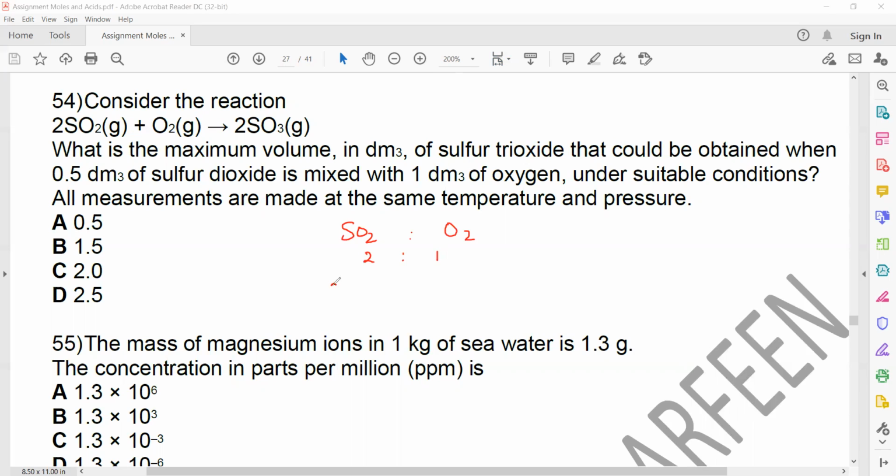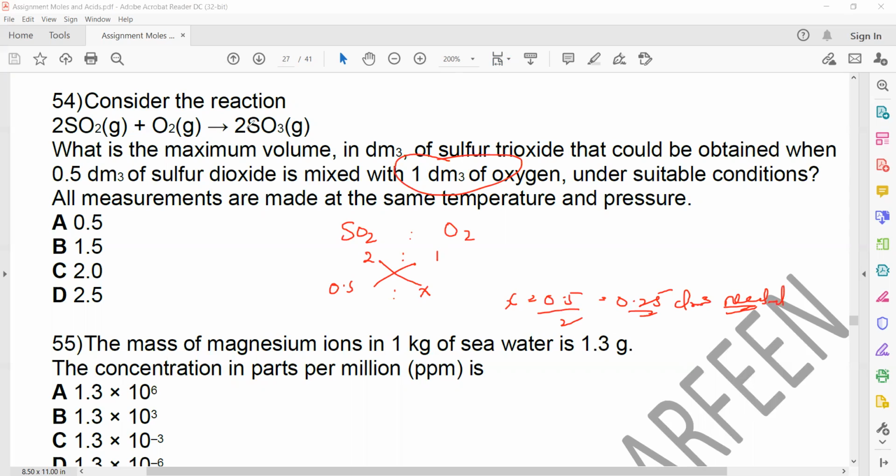So if we have 0.5 dm cube of sulfur dioxide, how much oxygen should be there? X. So cross multiply, this will be 0.5 divided by 2, which is equal to 0.25. So 0.25 dm cube of oxygen is needed for a complete reaction, but we have more than enough oxygen.